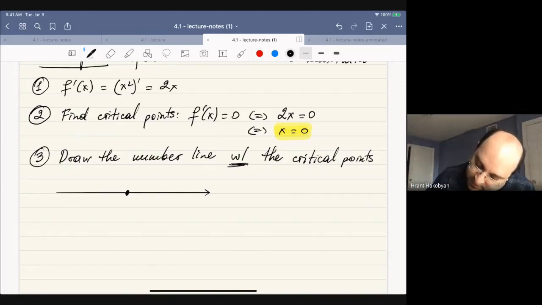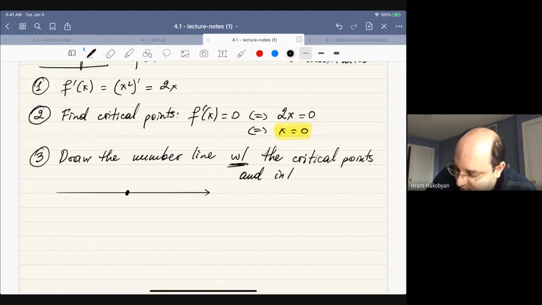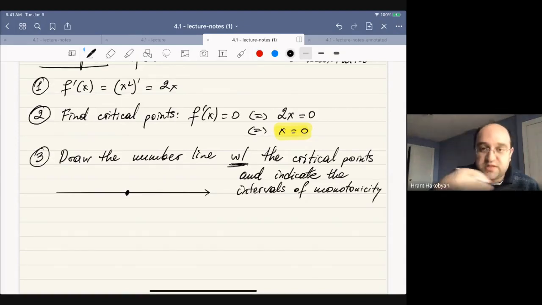And maybe I should write here: indicate the intervals of monotonicity. That means the intervals in between the critical points.